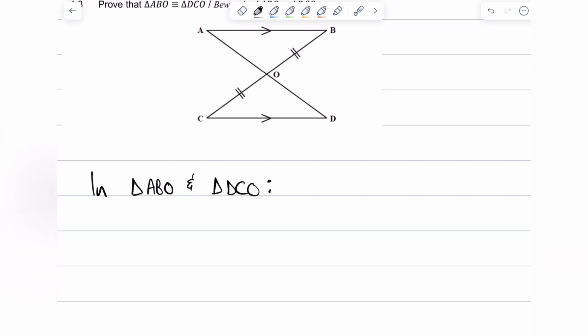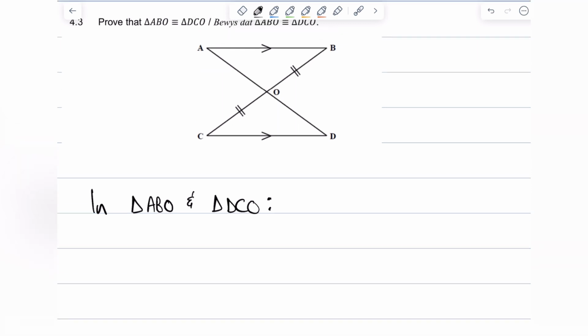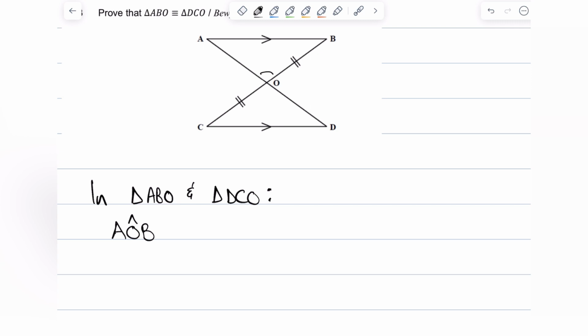First off, we said that, and it's important to write this properly, angle AOB. So in other words, this angle here, that's AOB. That angle is equal to angle COD.